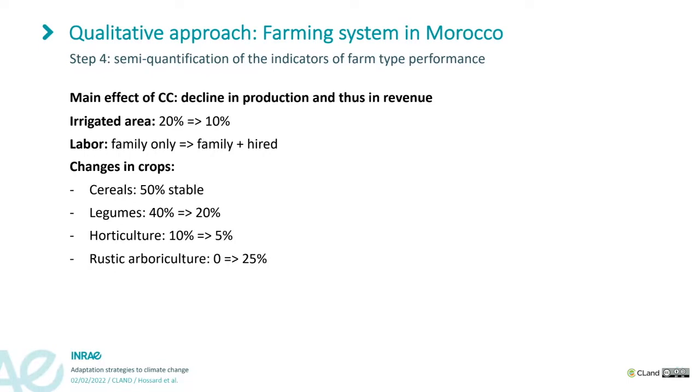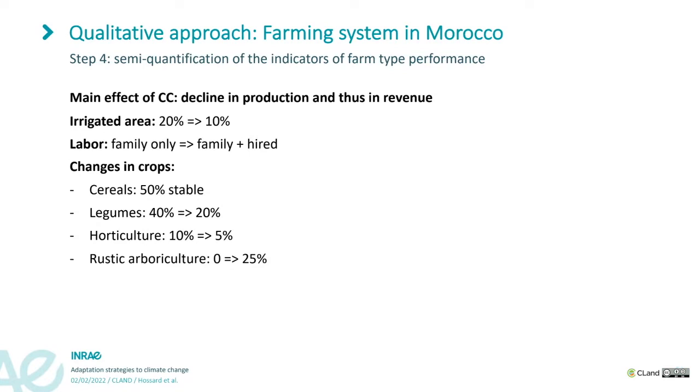So for farm type 3, what the stakeholders thought, so that was the last step, was that the main effect of climate change would be a decline in production and thus in revenue. So for these farm types, if nothing is done to lower the effect of climate change, this could be very insecure.